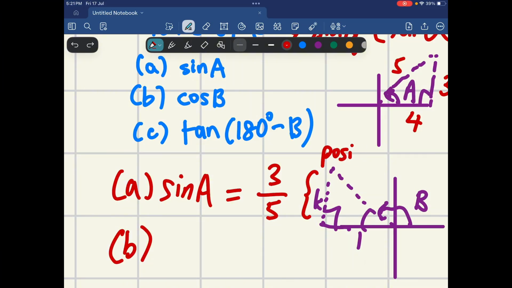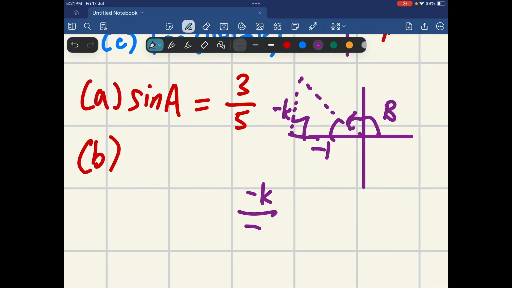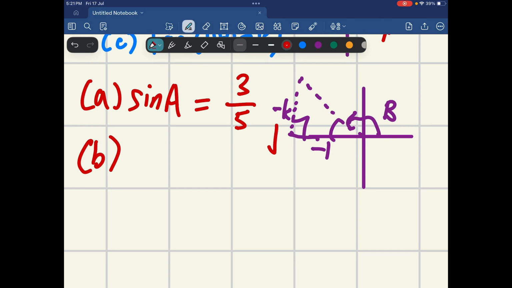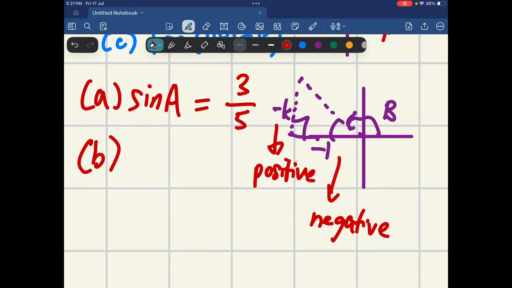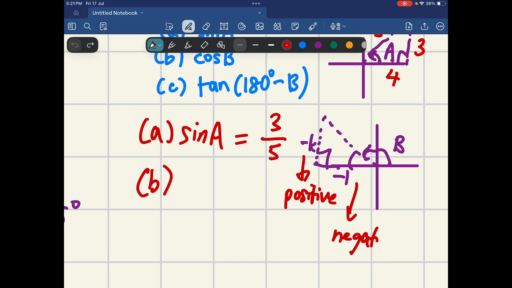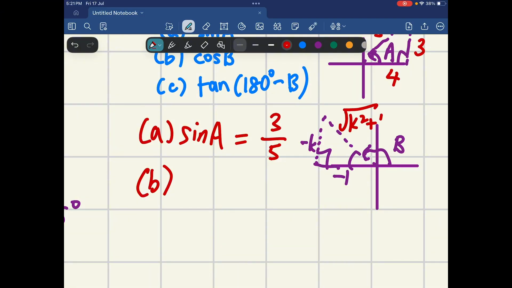So actually, we put these values down as minus k and minus 1. Because minus k over minus 1 will still give you k, but minus k here is positive, which is correct, and minus 1 here is negative. So this is where the drawing of the diagram is a bit different. It's not just k over 1, it's actually minus k over minus 1. So after we've done that, the hypotenuse through Pythagoras theorem is just the square root of k squared plus 1.